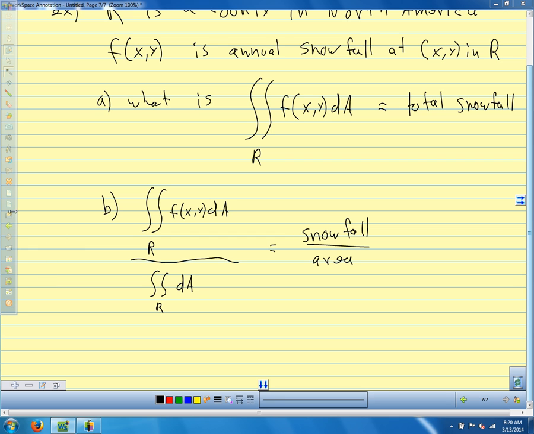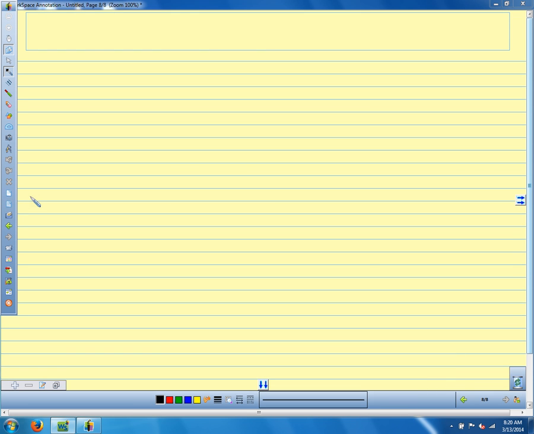All right. So for this next one, we want to approximate the volume by sketching the region.